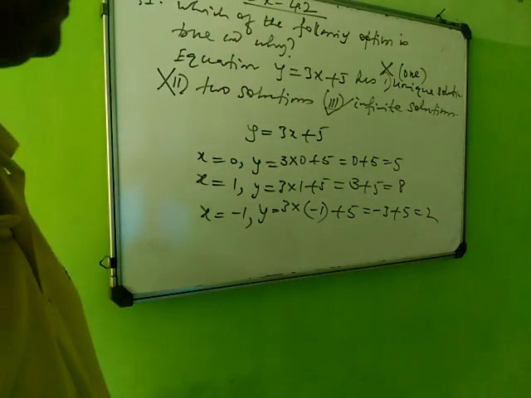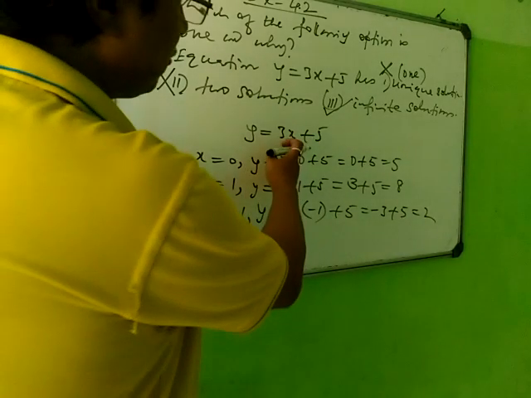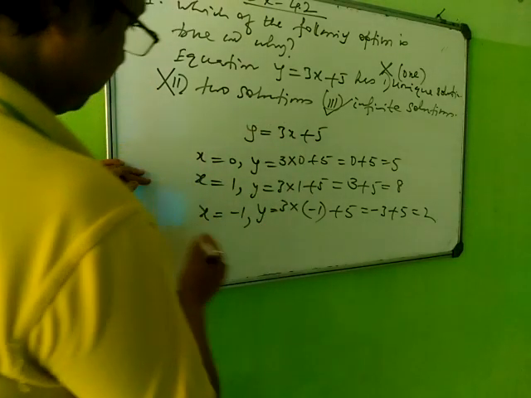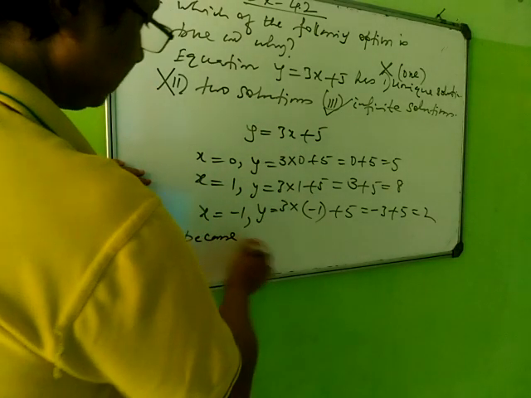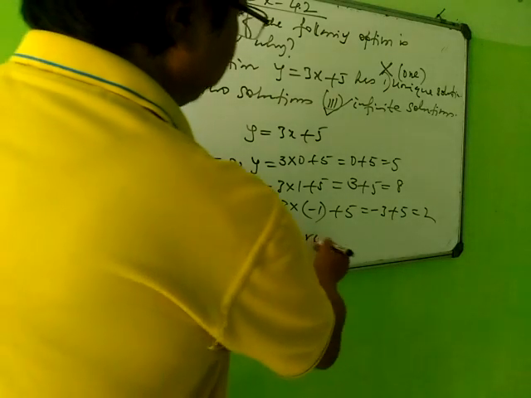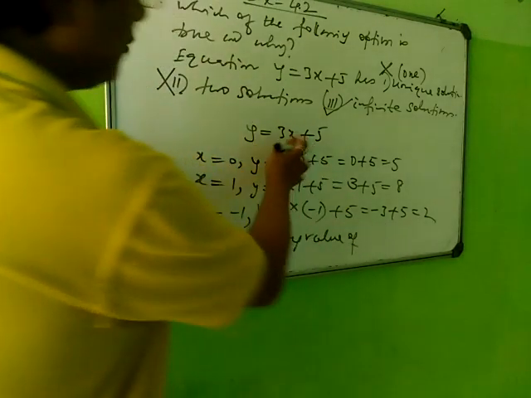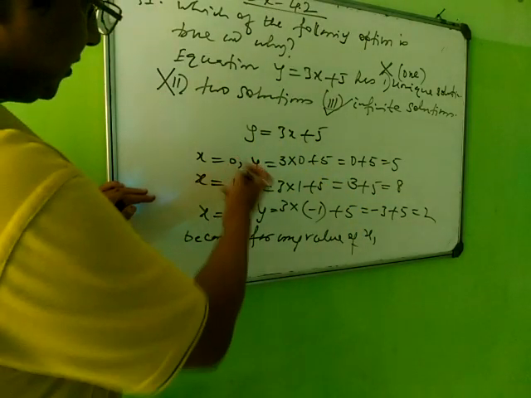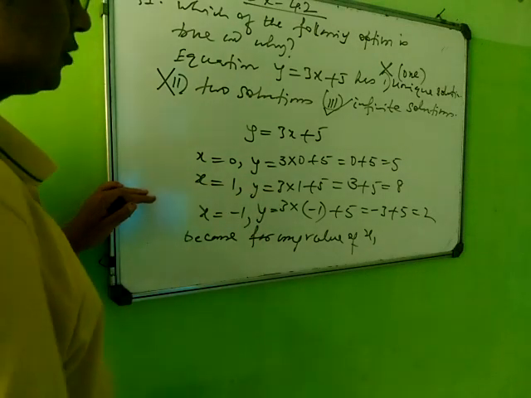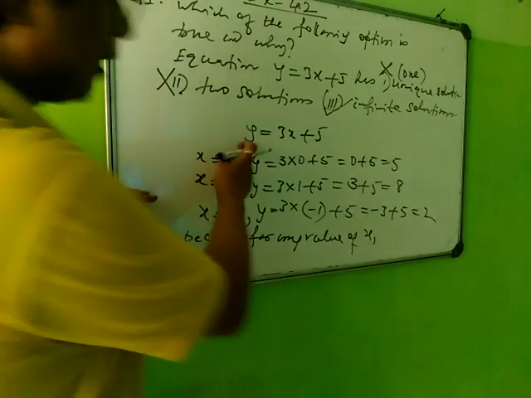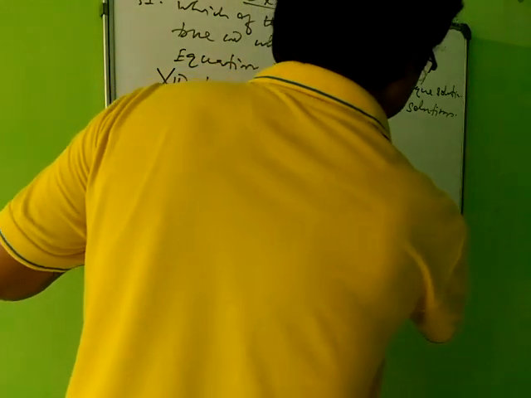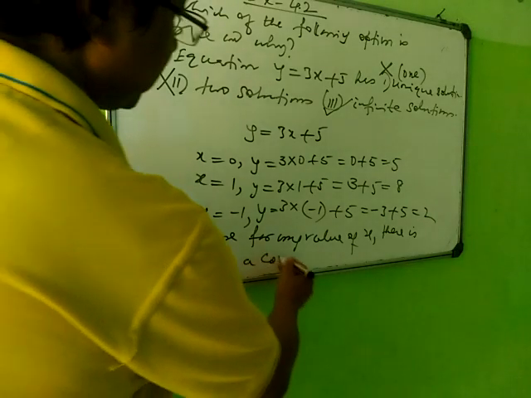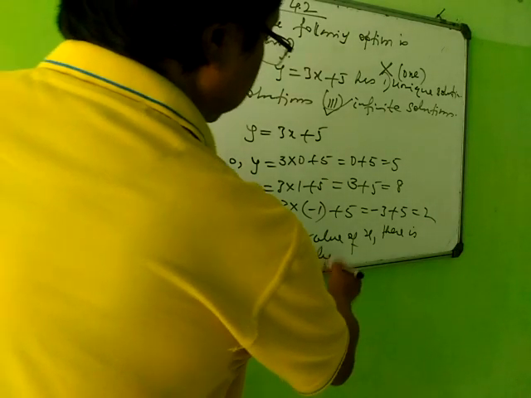And then why? Because for any value of x that you take, like 1, 2, 3, 0, minus 1, all this, you will get a corresponding value of y. There is always a corresponding value of y.